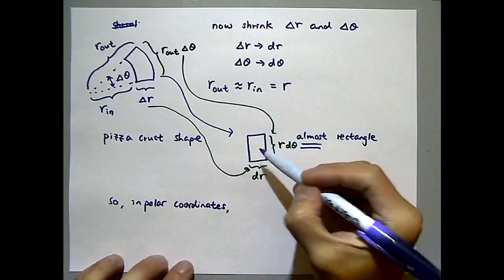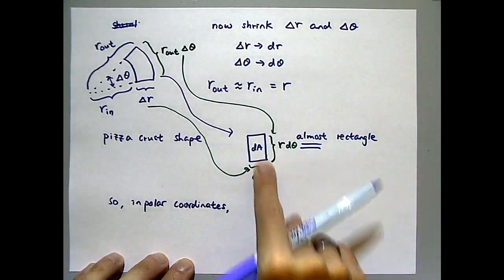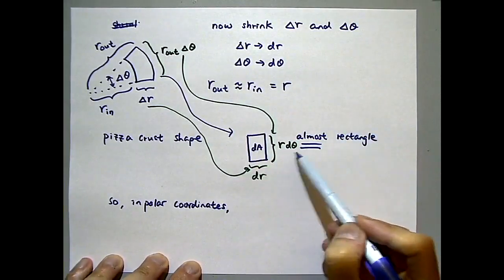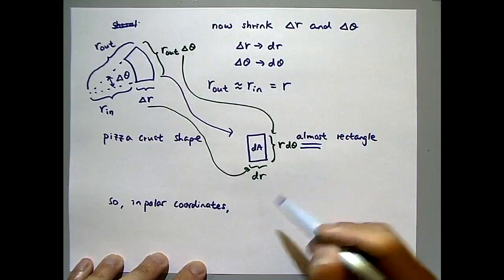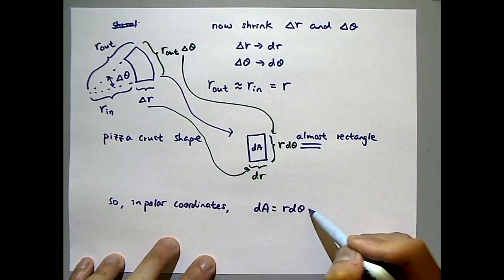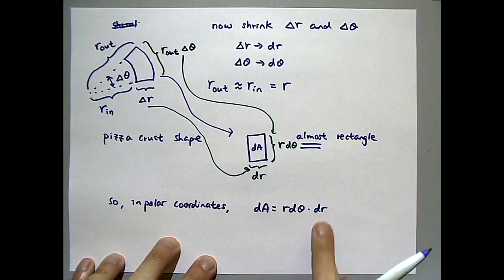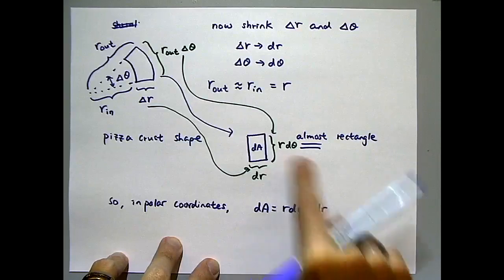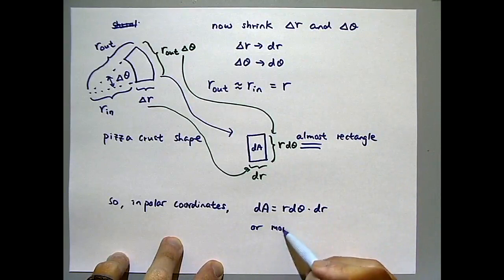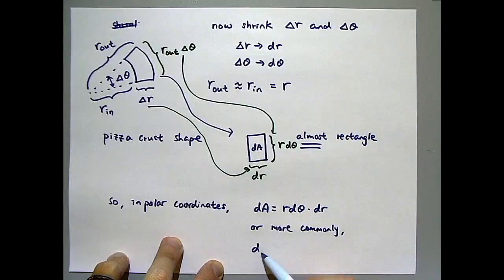So what that's going to tell us is that the dA, the small differential element, is roughly a rectangle whose area is r d theta times dr. It's a rectangle with width dr and a height r d theta. And usually we write it as r dr d theta.